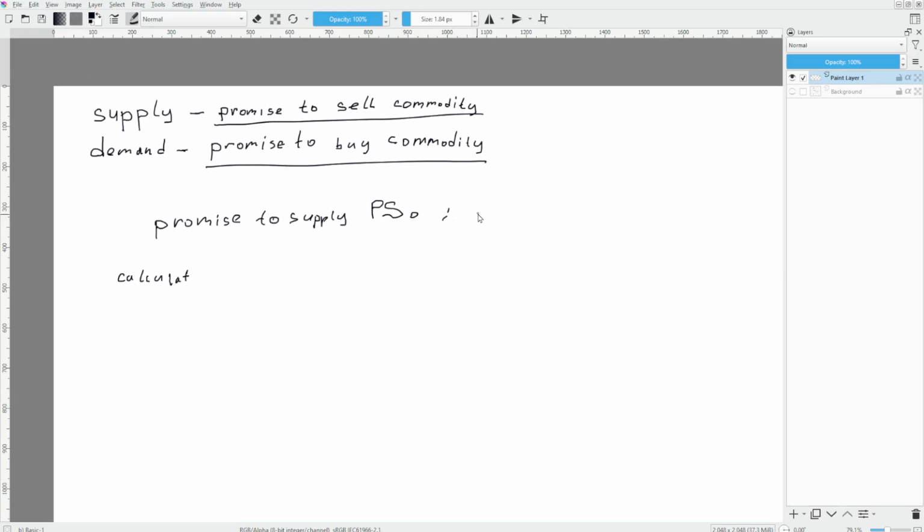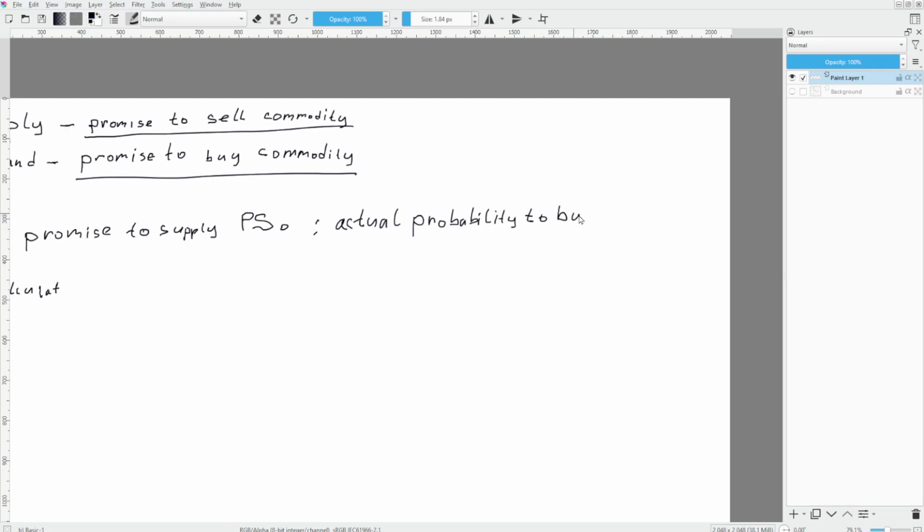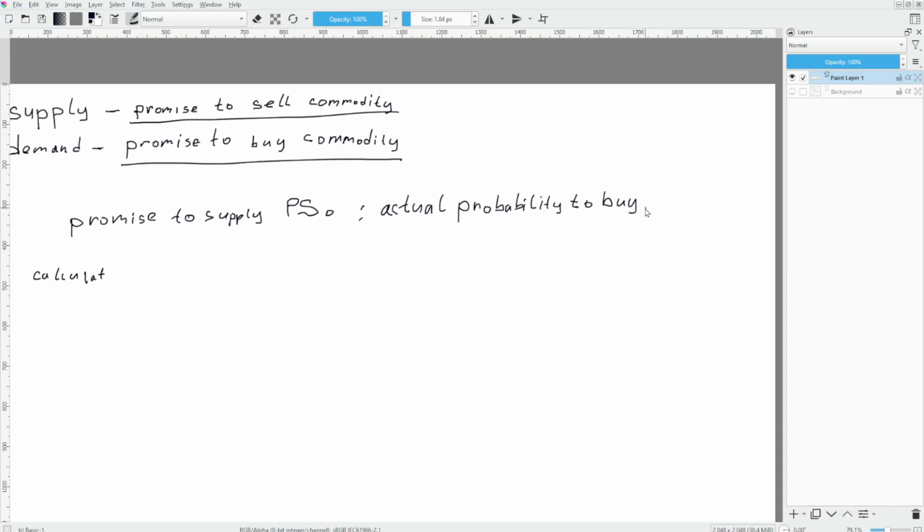There is the actual probability to buy, and the actual probability to sell.